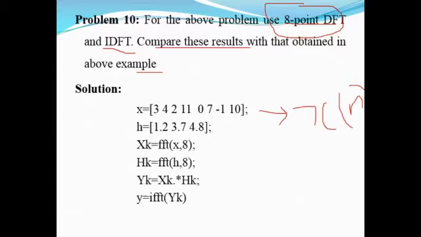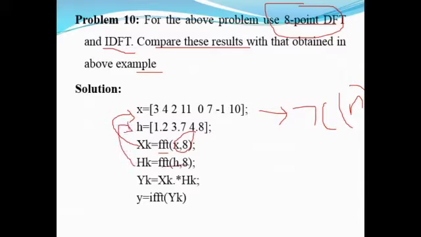We are finding x of k, the DFT of x, which is determined by using the equation. Here, by using the command FFT, we are going to find the DFT of the sequence. It is an 8-point sequence, x comma n, where n is 8. h of k is nothing but the DFT of the second sequence, h of n.